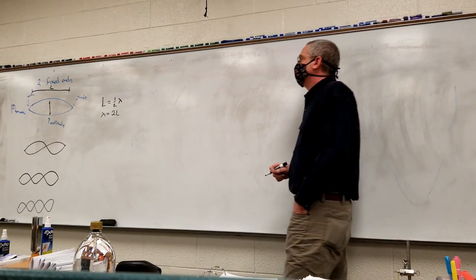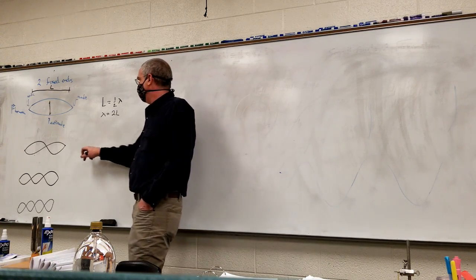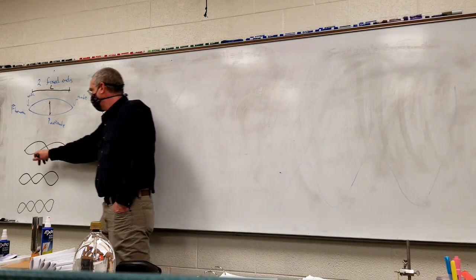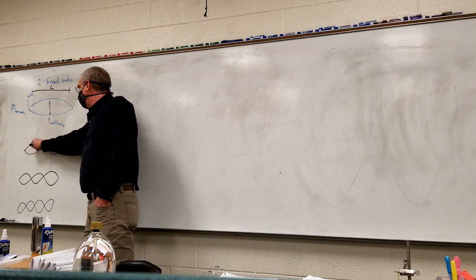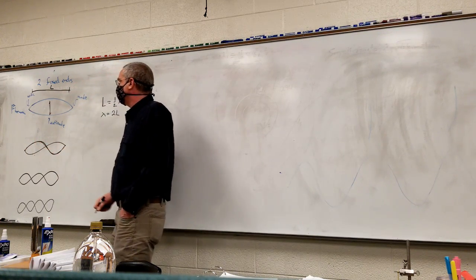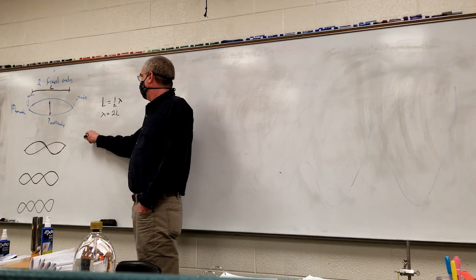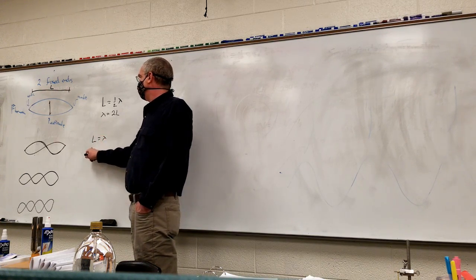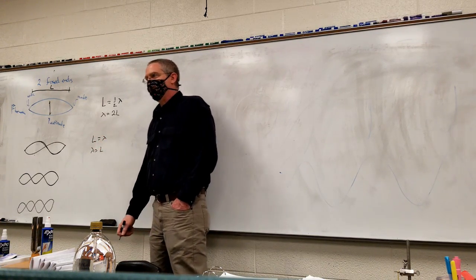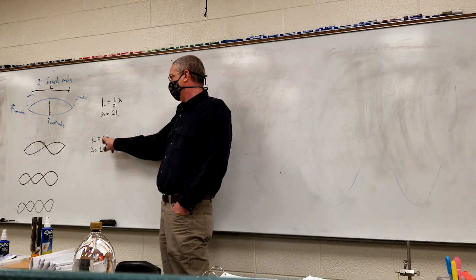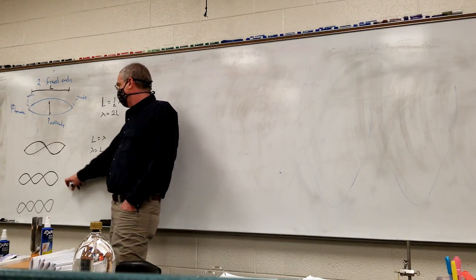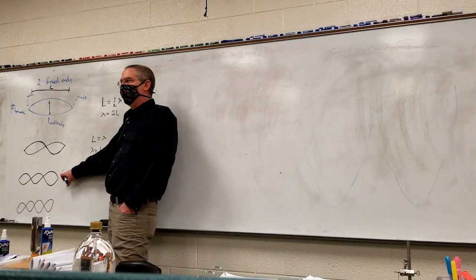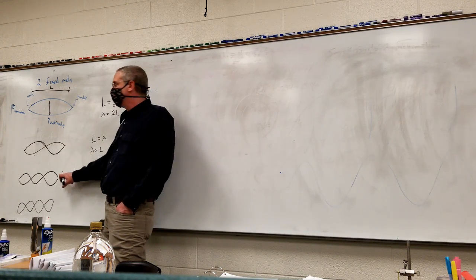I have a full wave here. I go up, I go down, and I come back up again, basically a cosine curve there. L is equal to the wavelength, or the wavelength is equal to L. I know that second part's shocking given this. How many waves here? 1.5.